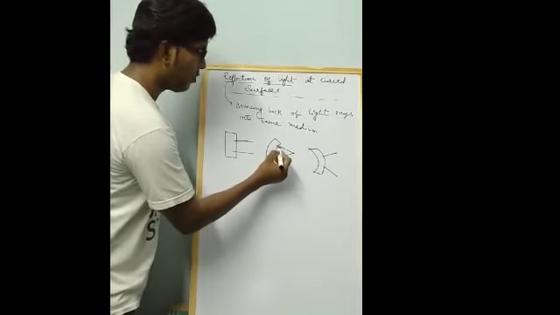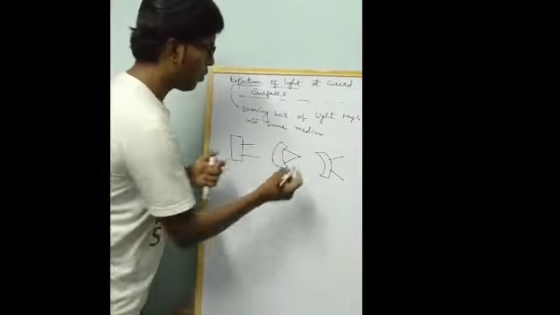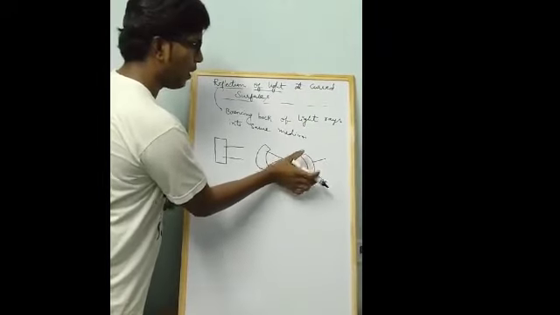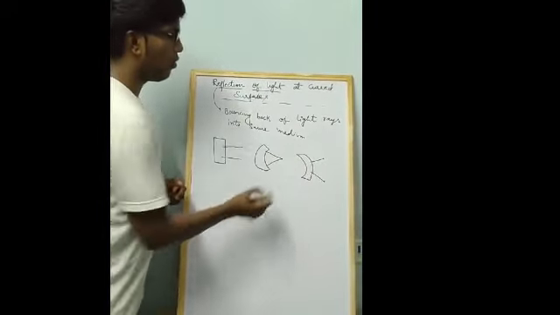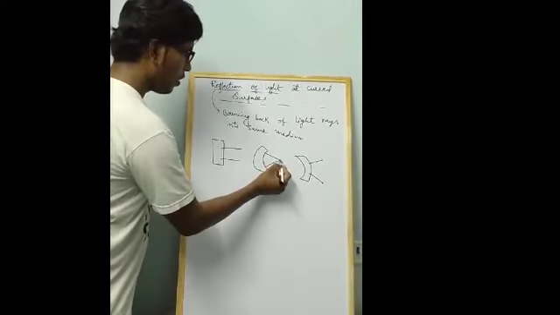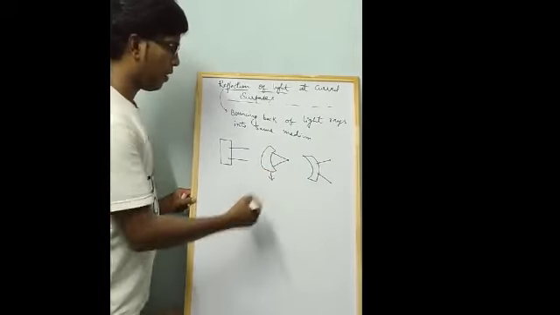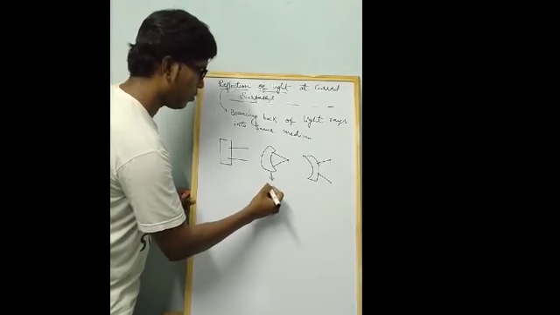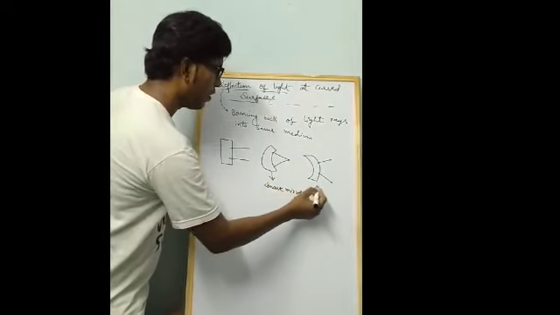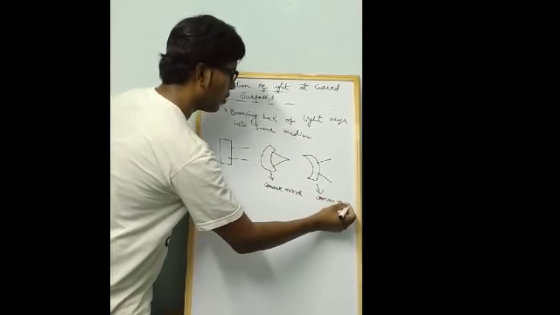So what we observe here is, if you bend the cloth inwards, the two pens converge, and if you bend the cloth outwards, the two pens diverge. This curved surface tells about the concave mirror, and this one tells about the convex mirror.